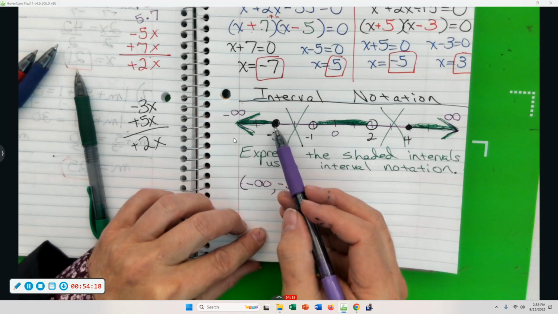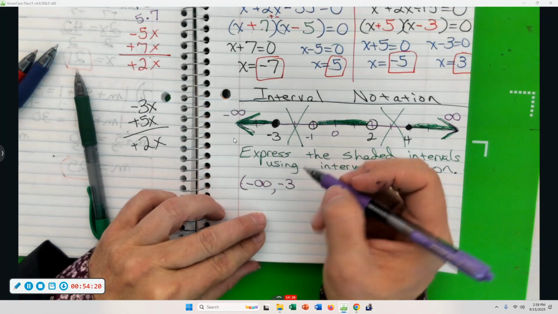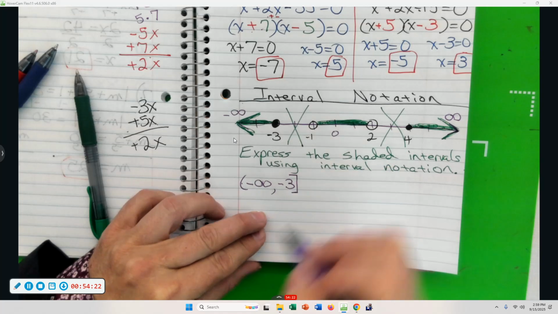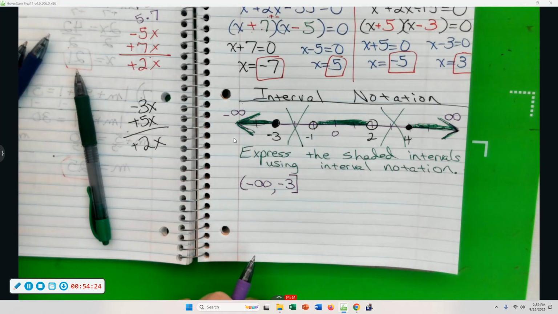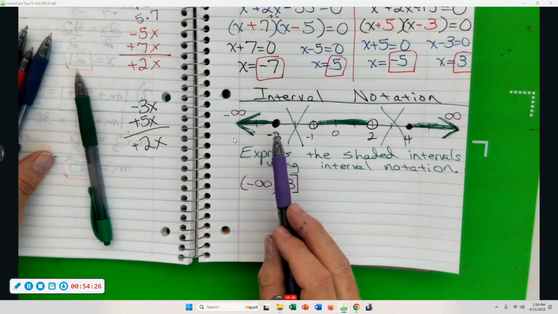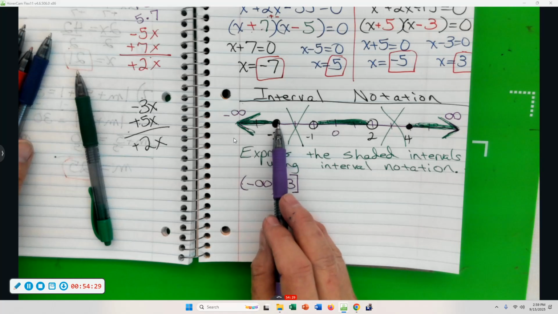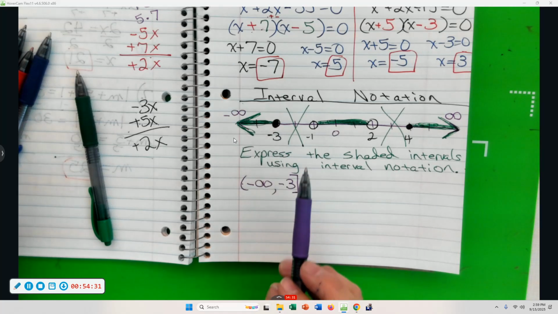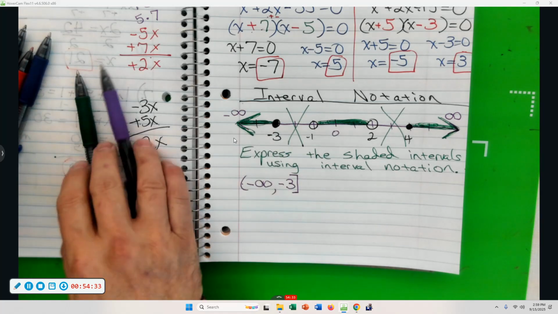We have a closed circle at -3. In that event, you're going to type a rectangular bracket. You use rectangular brackets at the closed circles. You're going to use parentheses everywhere else.